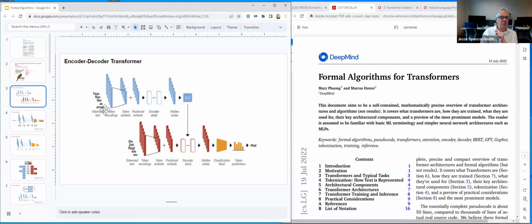So how do you run this? You could put a word in here, and then you run it all the way through, and then you have the position for the word. You could run multiple words through, and then you have positions of all of those words. So turning words into positions in a high dimensional space.